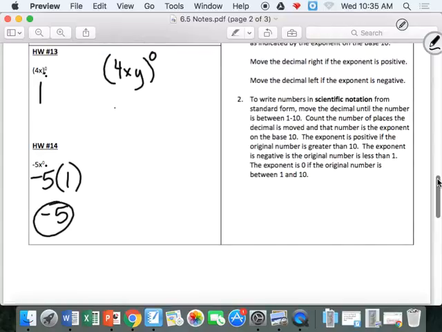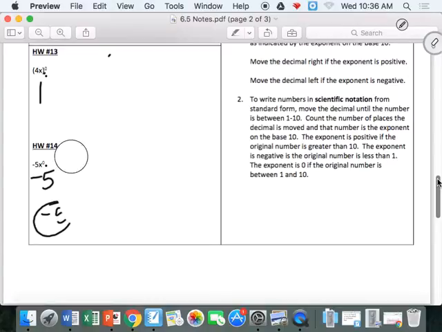But if you had this, the answer would be 1. Oh, so if it's inside, it's 1. If it's outside, right, because all of this is to a 0, right? So it's all 1. But here, only this part is to the 0. So that part is 1, but this just drops down. Okay? All right, good questions.